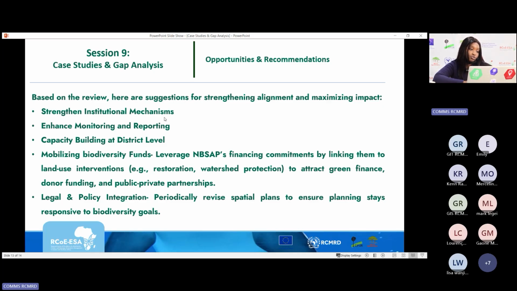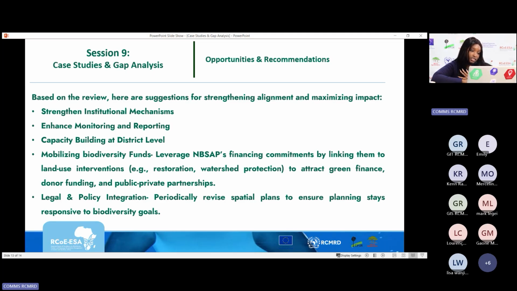We also need to enhance monitoring and reporting. So long as there is no one monitoring to know where were we yesterday, where are we now, how far are we from this target, there needs to be frequent reporting and frequent monitoring, such that if there is something that needs to be intervened, it's done easily. So again, strong monitoring and reporting mechanisms.